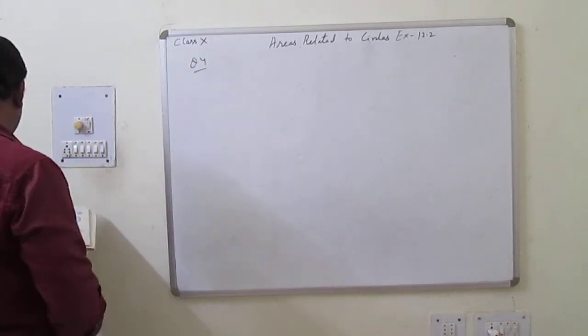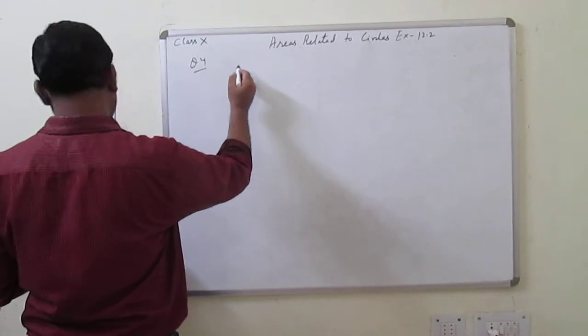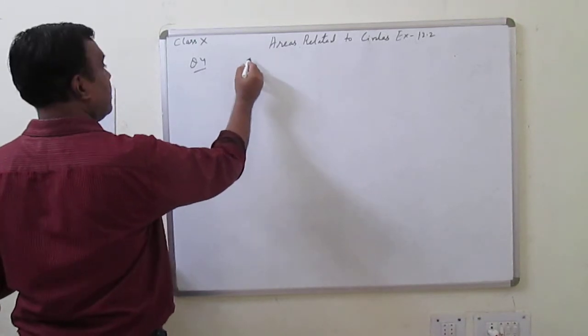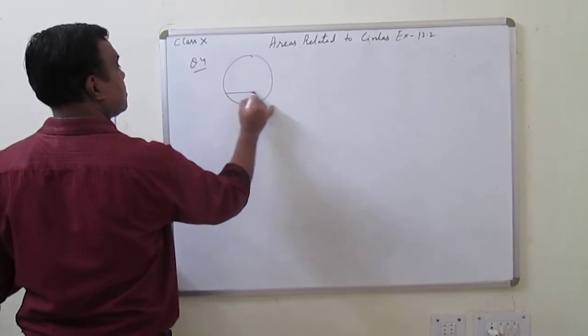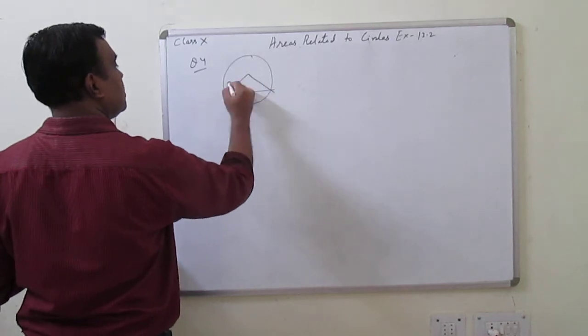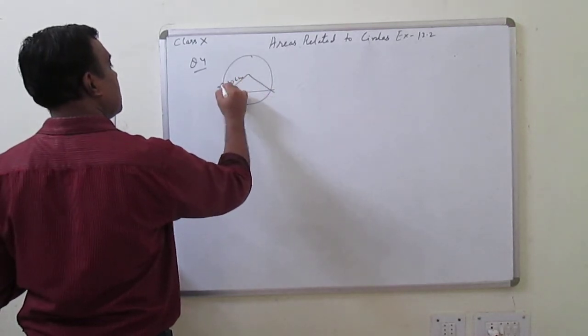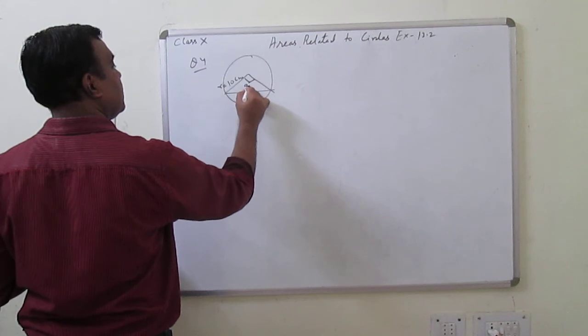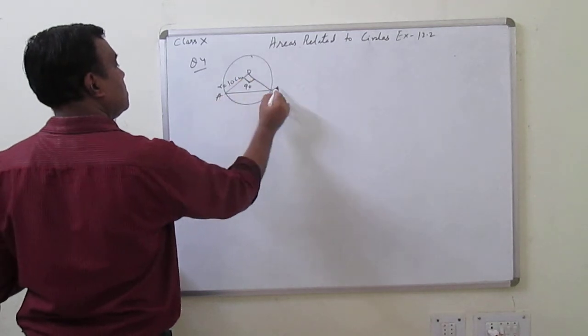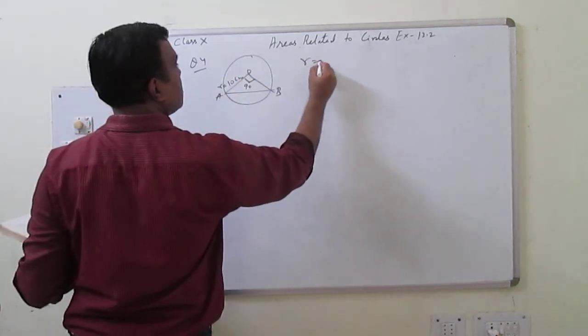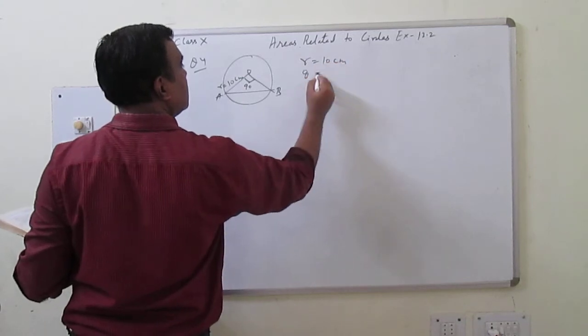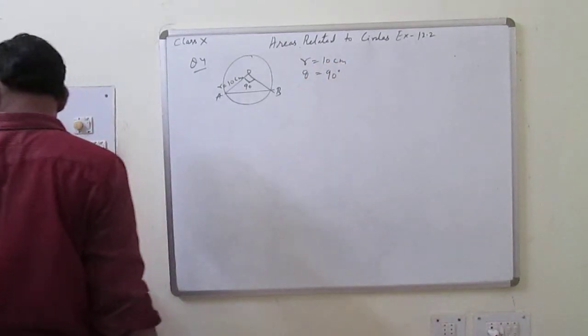A chord of a circle of radius 10 centimeters subtends a right angle. This is a chord of a circle of radius 10 centimeter, which subtends 90 degrees at the center. This is given to you: R is equal to 10 centimeter, theta is equal to 90 degree.